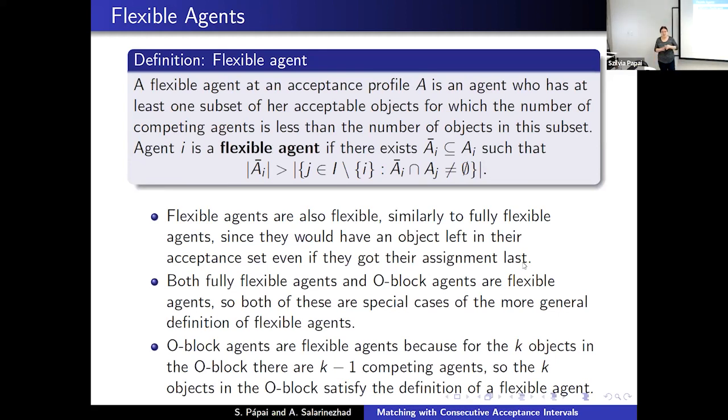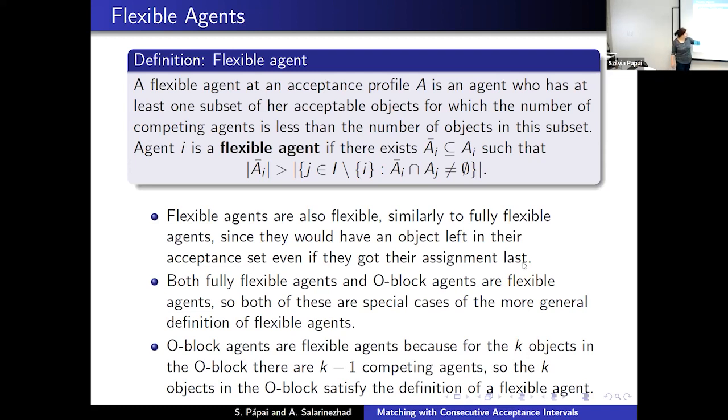Notice that it doesn't have to be the case that the entire acceptance set of the agent has fewer competing agents. It's enough to have a subset. If I have a subset of my acceptable objects such that I have fewer competitors than the number of objects in that subset, that's already enough for me to be sure that I will be assigned an object no matter where I am in the agent permutation. So that's a flexible agent.